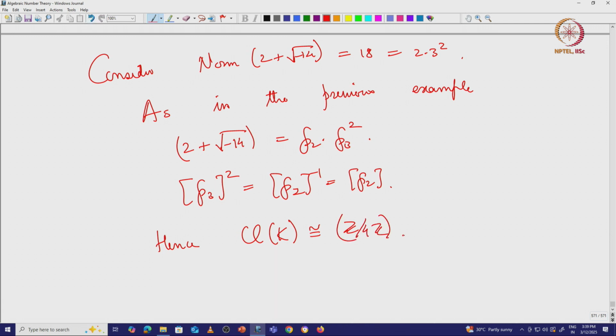All right. So we looked at a couple of examples today, one of a real quadratic field and one of an imaginary quadratic field. In both cases, the ideal class group turns out to be Z mod 4Z, and you have to work a little bit harder in the case of the real quadratic field, because the group of units is infinite. There are many more elements with small norm.